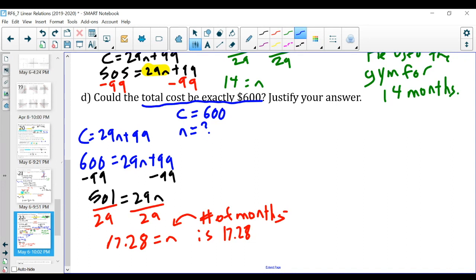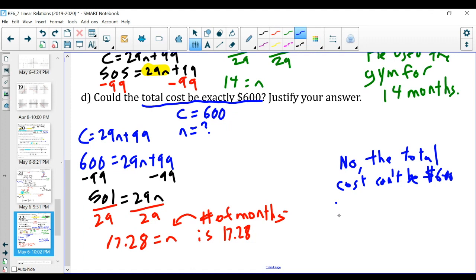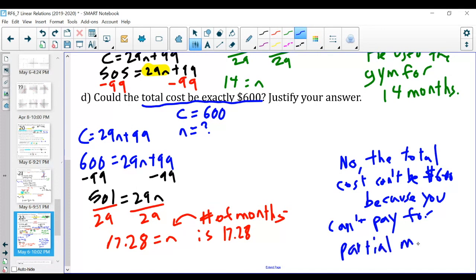So unfortunately, no, the total cost can't be $600 because you can't pay for partial months.